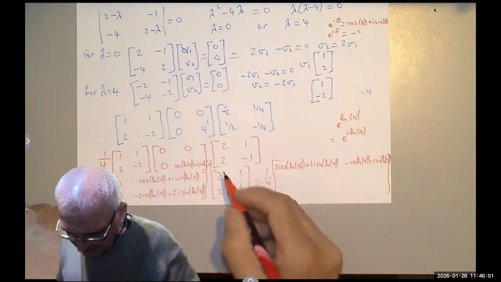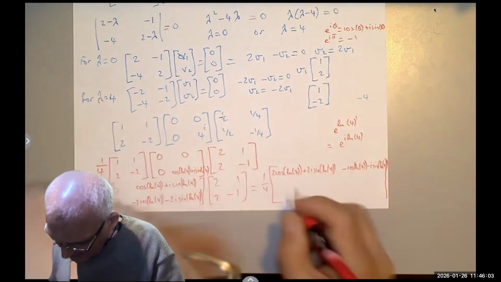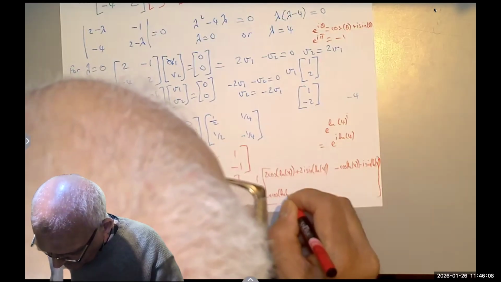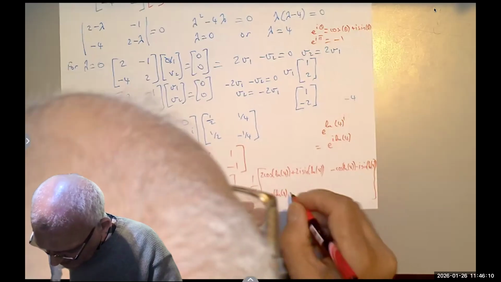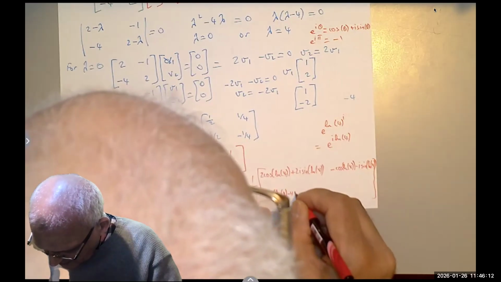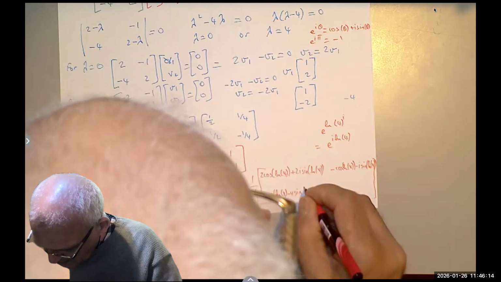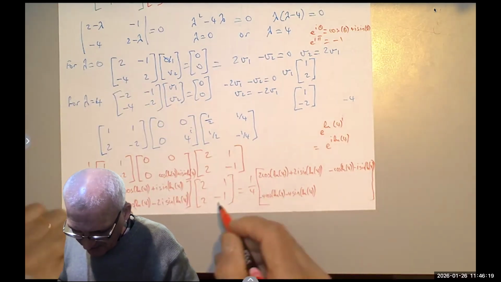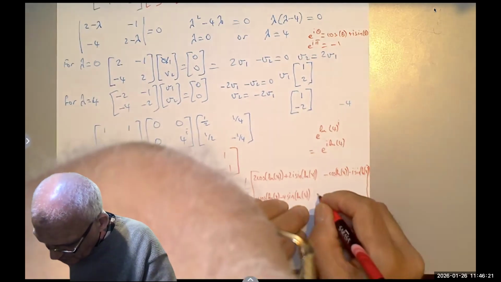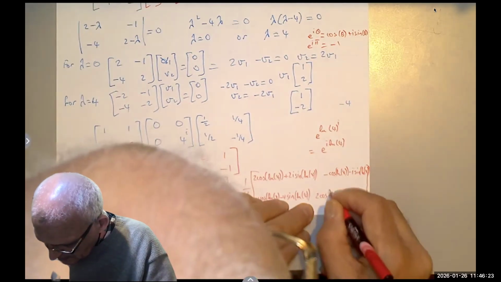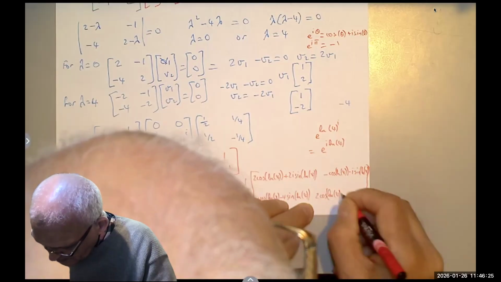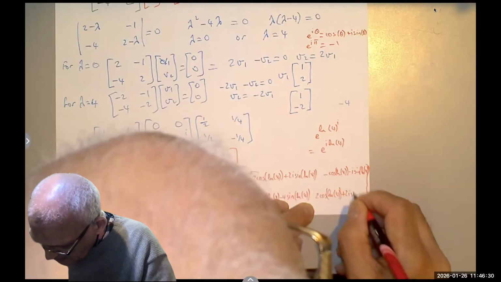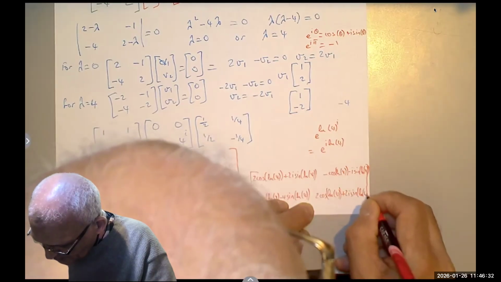At the bottom, you get 0, and then 2 times that, so -4 cos natural log of 4 minus 4 sine natural log of 4. And here you get 0, and the negative would make that positive 2 cos natural log of 4 plus 2i sine natural log of 4.